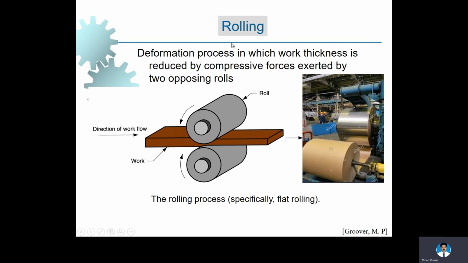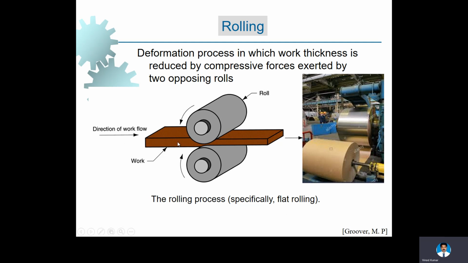So let us study about the rolling process. It is one of the widely used methods for producing slabs, sheets, rods, etc., and also channels, I-beams, L sections, etc. It is a deformation process in which work thickness is reduced by compressive stress exerted between two opposing rolls. The two opposing rolls rotate in opposite directions.